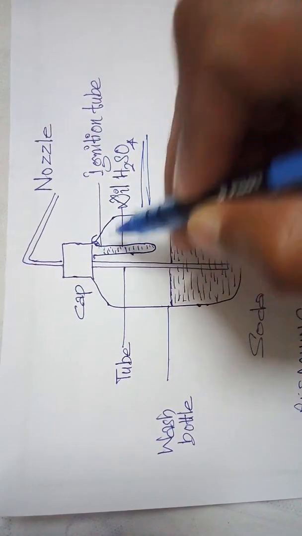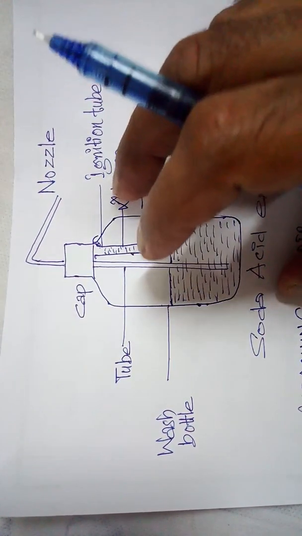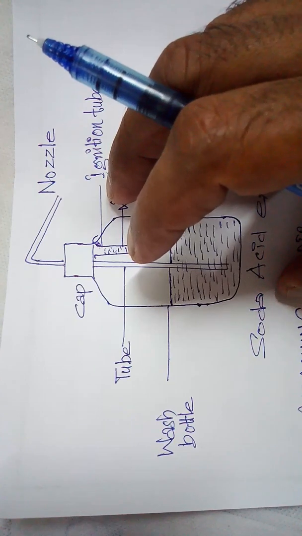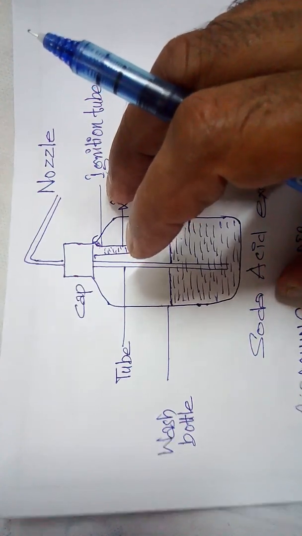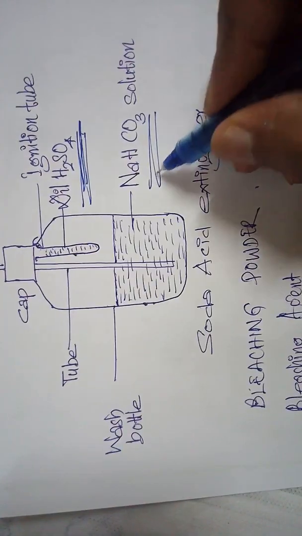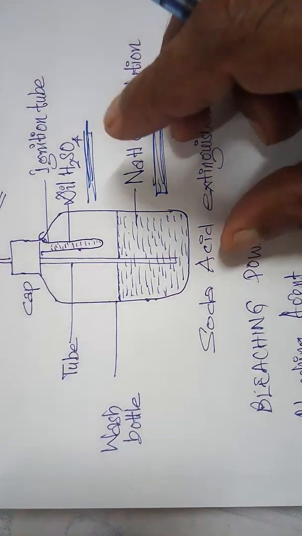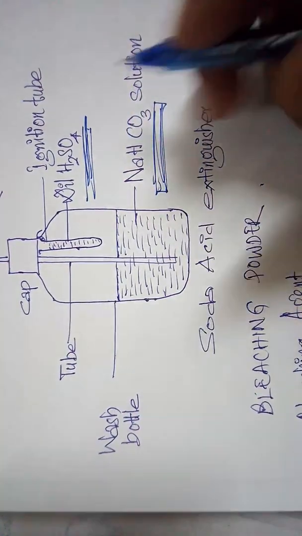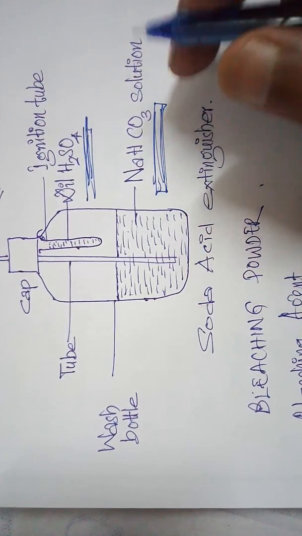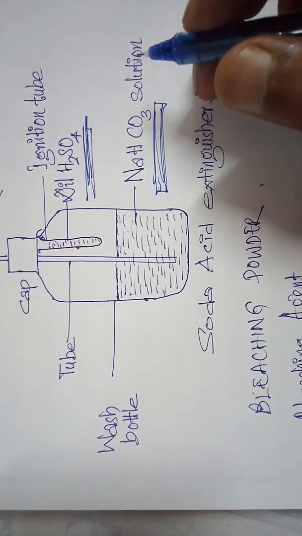Tighten the cap, and when it is pressed or the extinguisher is inverted, the sulfuric acid reacts with sodium hydrogen carbonate, and carbon dioxide gas will come out along with the liquid, forms a blanket around the burning substance and cuts off the supply of air to the burning substance.